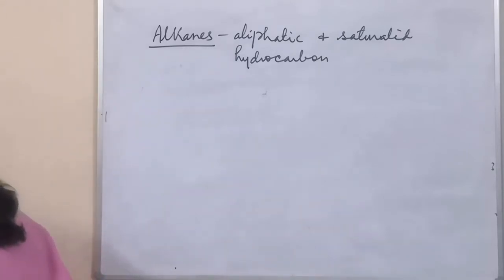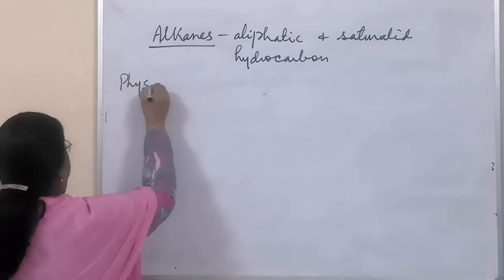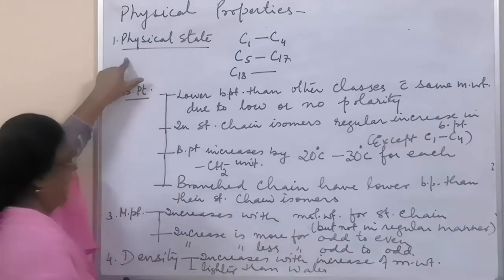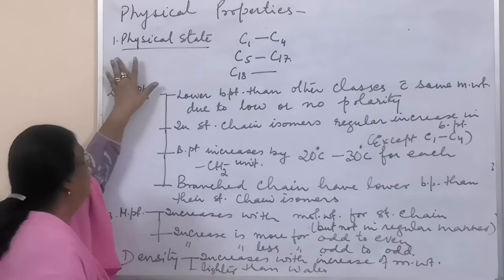Now we come to the physical properties. First is physical state. I have written it down to save time so that you will have all points before you.